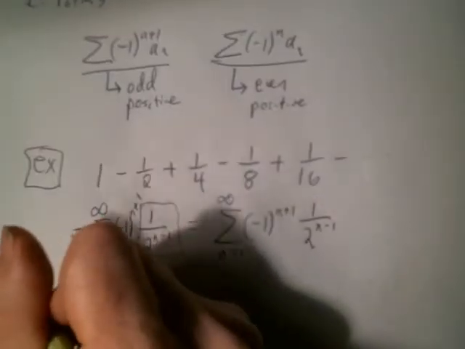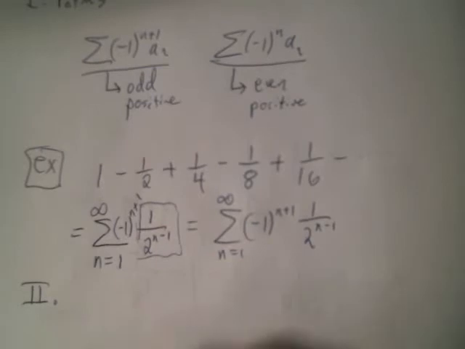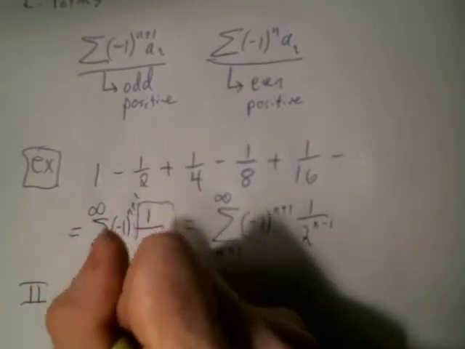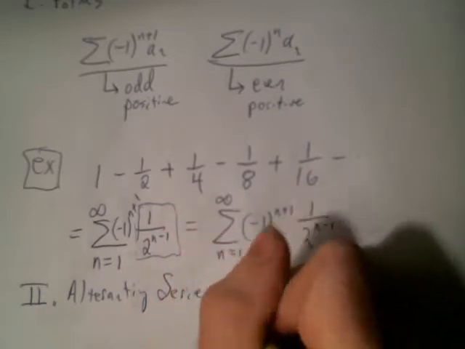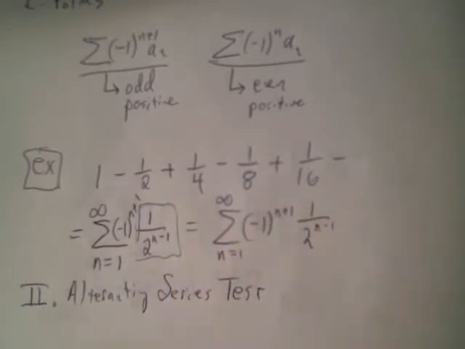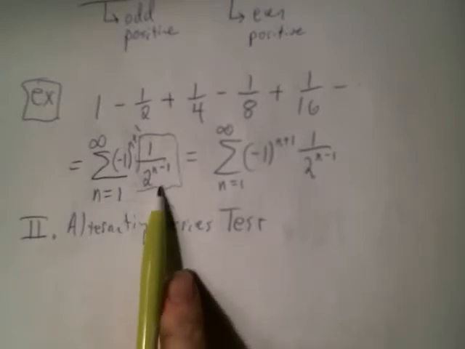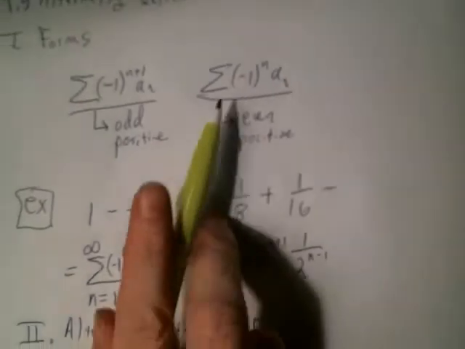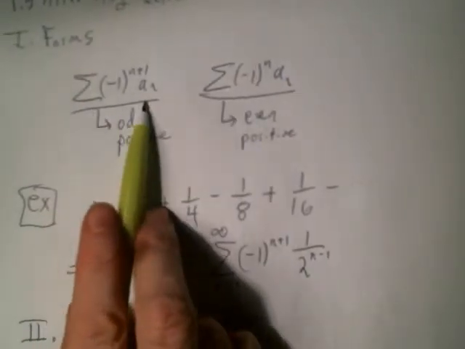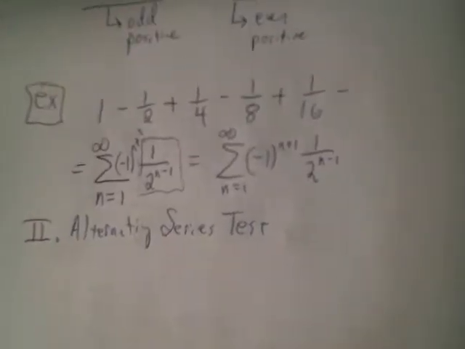The test we'll be using when you see one of these forms is the alternating series test. The test is done on the a sub n portion. We just forget about the negative 1 part and do the diagnostic on the a sub n.